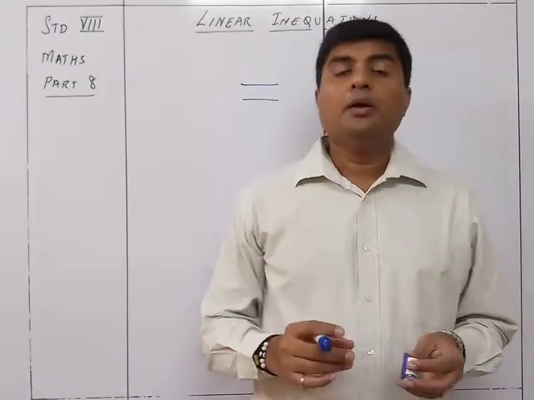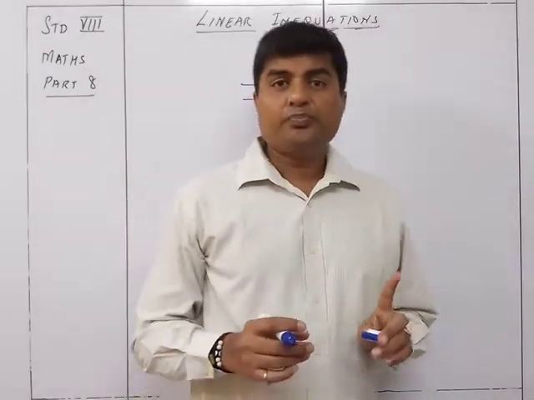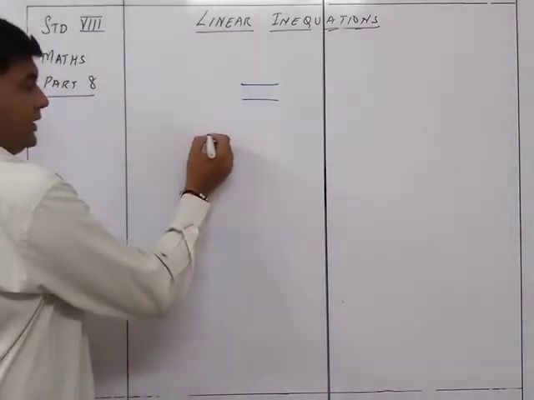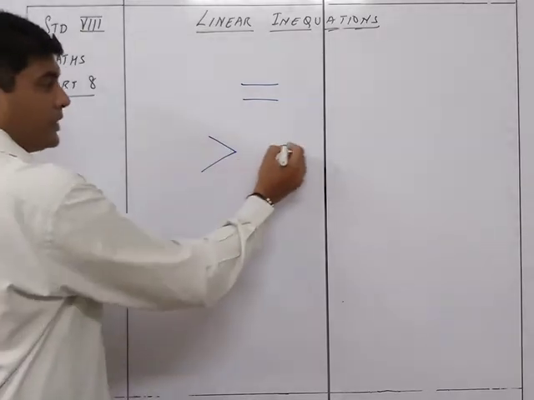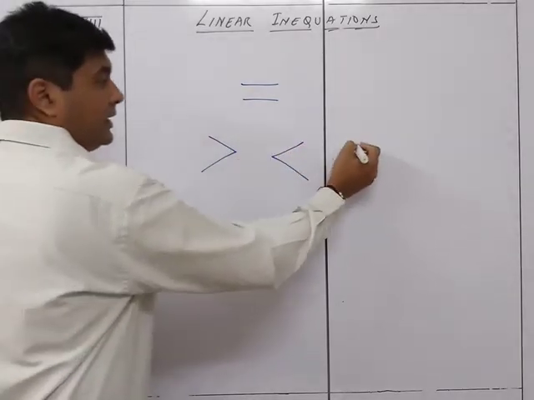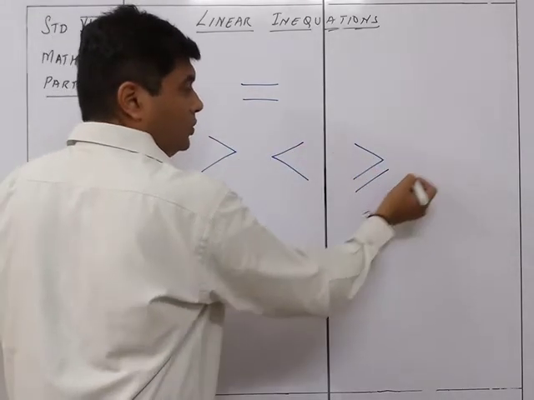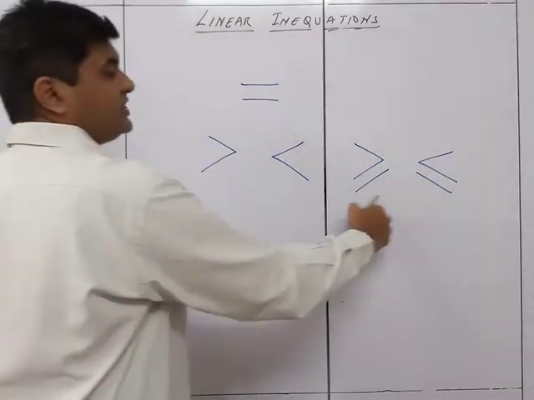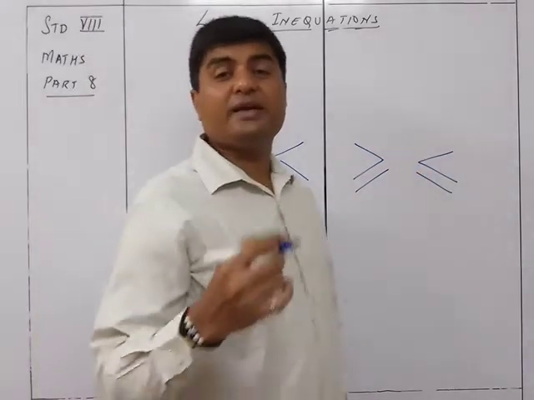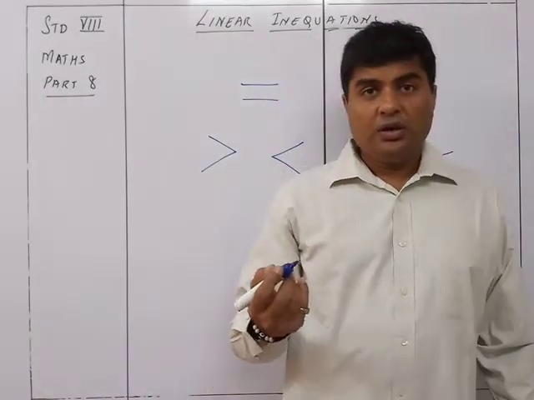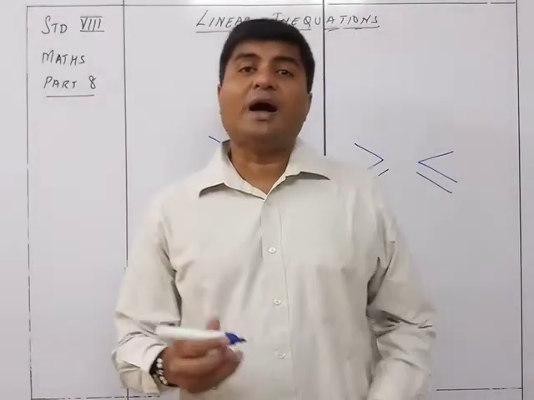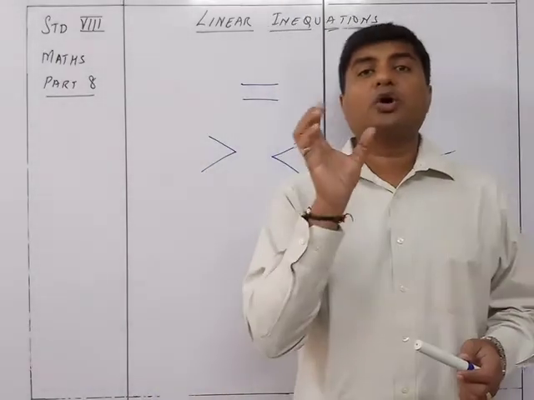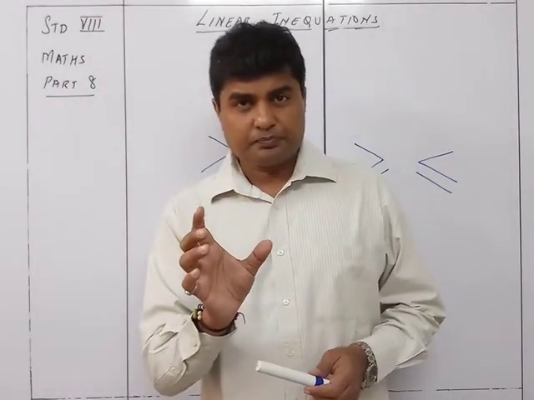In an inequation, it will not be equal to, it could be either greater than, less than, greater than equal to, or less than equal to. So these are the four signs which could be present, and accordingly your answer will not be a single number, but it will be a group of numbers.